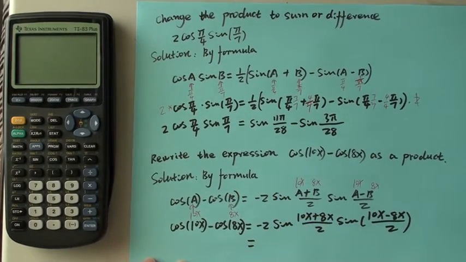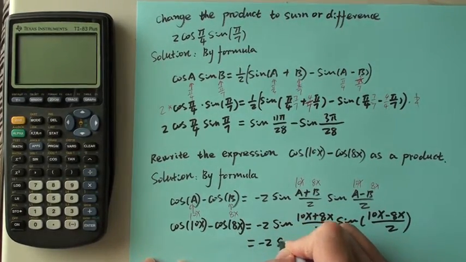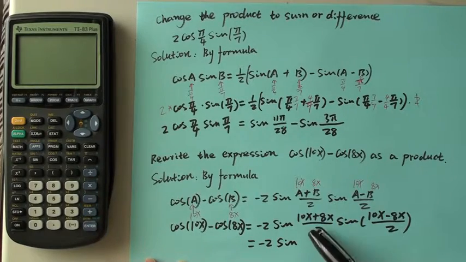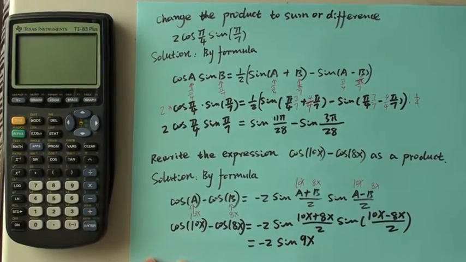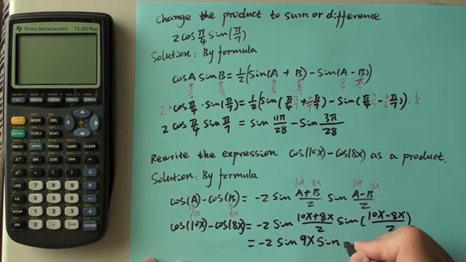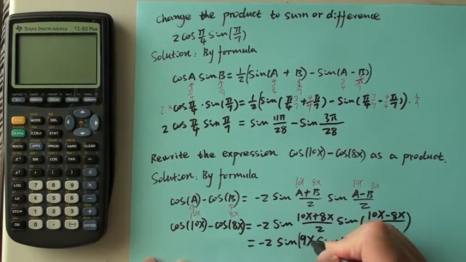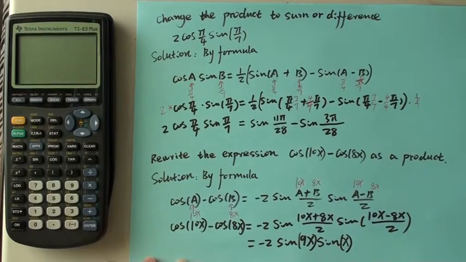The negative 2 is always in front. Then 10 plus 8 is 18x, divided by 2 is 9x. The second is 10x minus 8x, which is 2x, divided by 2, so it's sine x. So this will be our final answer. There is a negative 2 in front of it. Remember that.